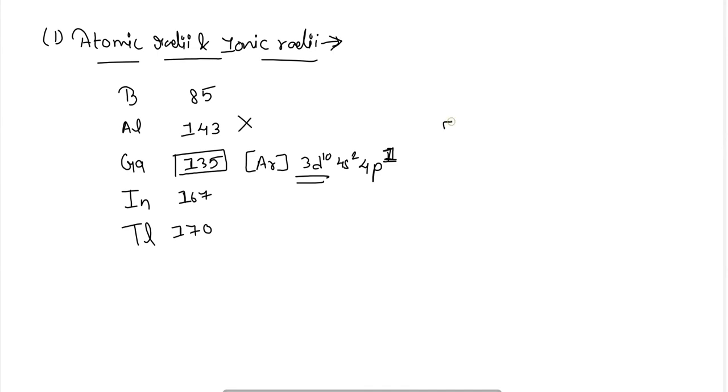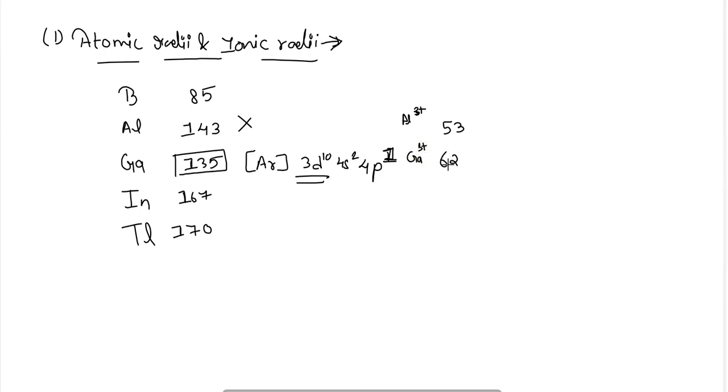The ionic radius for aluminium is 53.5, but I am talking about aluminium 3 plus, not aluminium 1 plus, meaning when 3 electrons have been removed, then it is only 53 picometers, while for gallium it becomes 62 picometers for Ga3 plus.